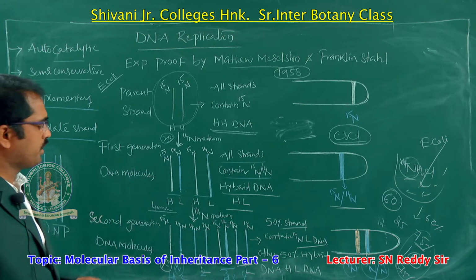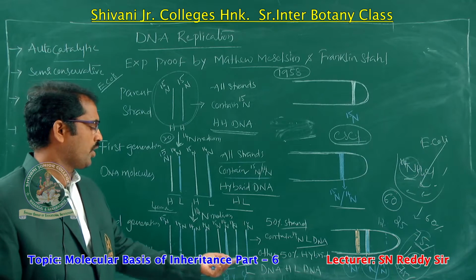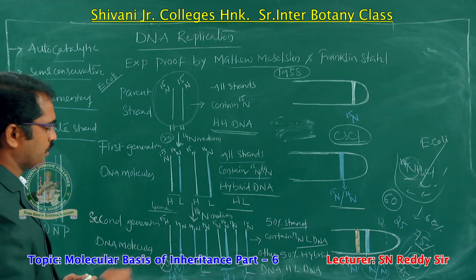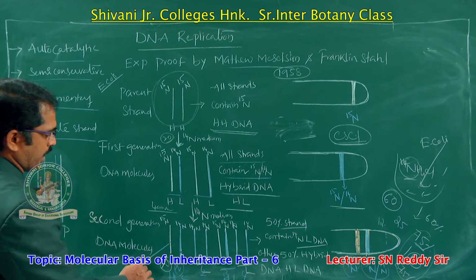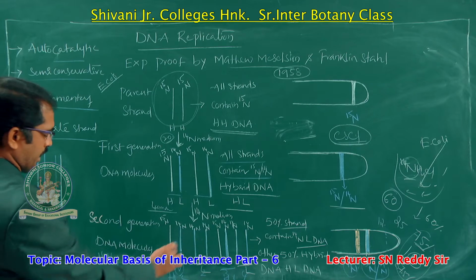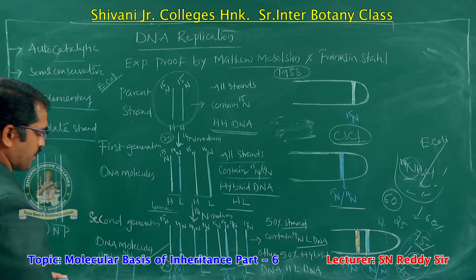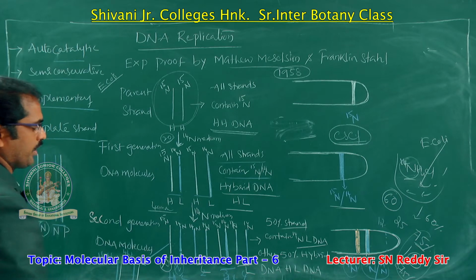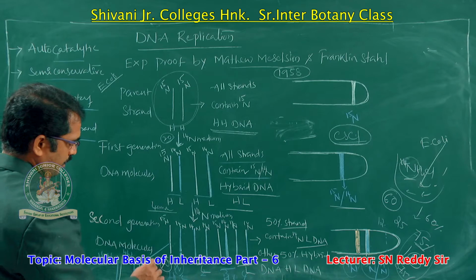Based on this, up to the second generation we drew here. Now, take the third generation. This strand is N15, again this strand N14. These two strands N14, N14. Again you take N14, N14, N14, N14.